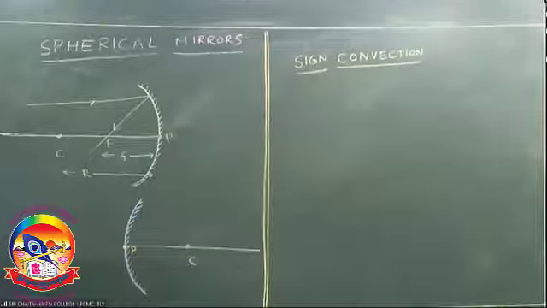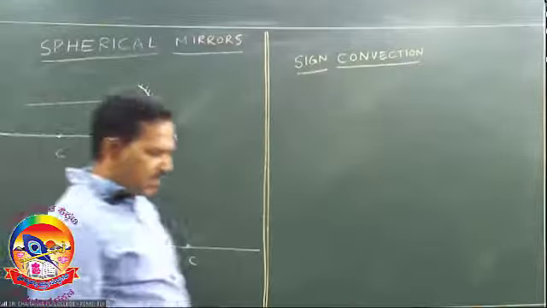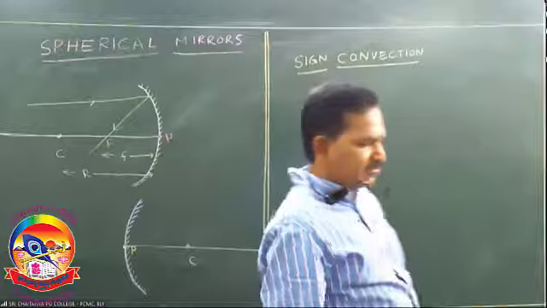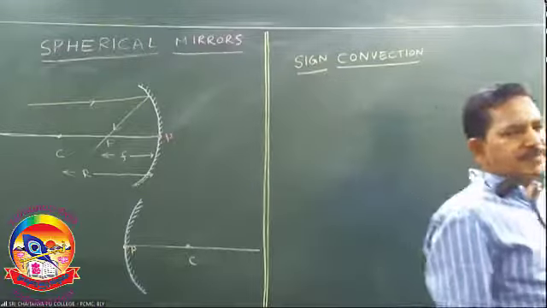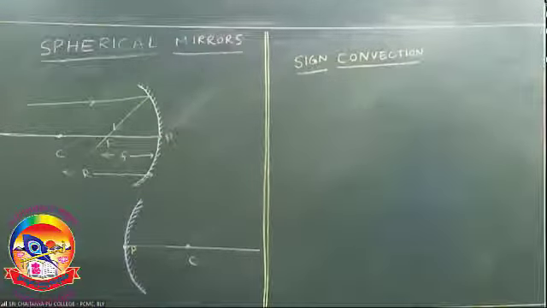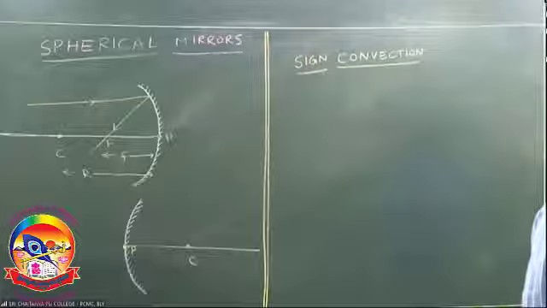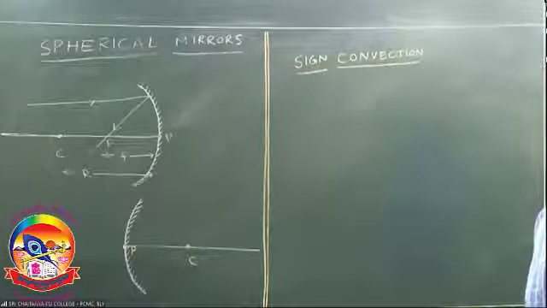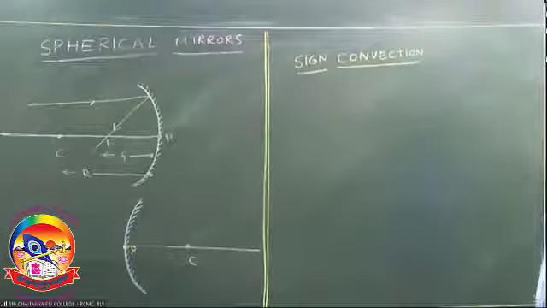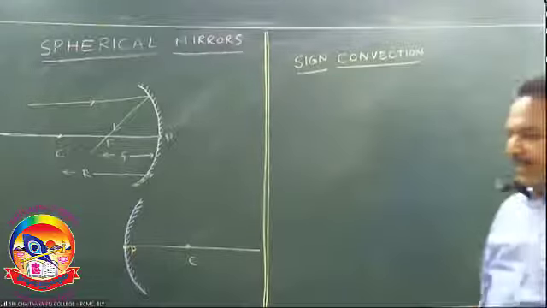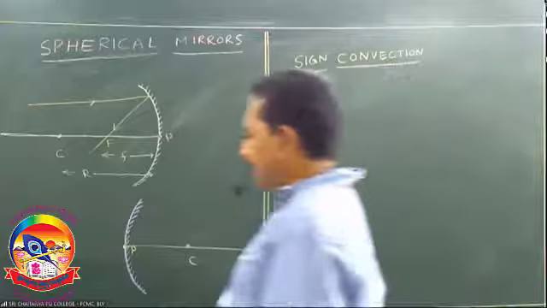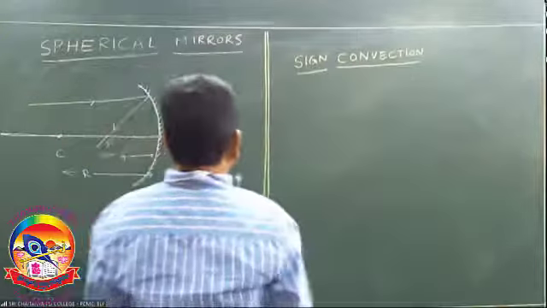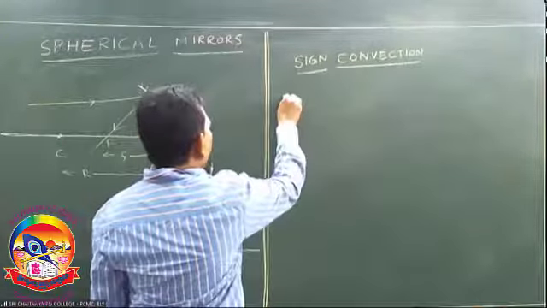Now, sign convention in the case of spherical mirrors. Sometimes we take a positive sign for some distances, and for some distances, for calculation purposes, we take a negative sign. So what is the sign convention in the case of the spherical mirror, either convex or concave?